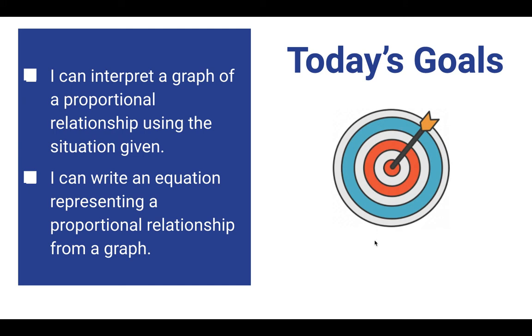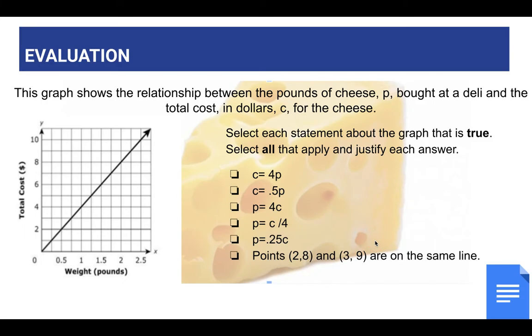Now, I want us to do our last part, which is our evaluation activity, which can be found in your student companion. It says, this graph shows a relationship between the pounds of cheese P bought at a deli and the total cost in dollars C for the cheese. So P is for pounds, C is for the cost. It says select each statement about the graph that is true, and we want to select all of the ones that apply.